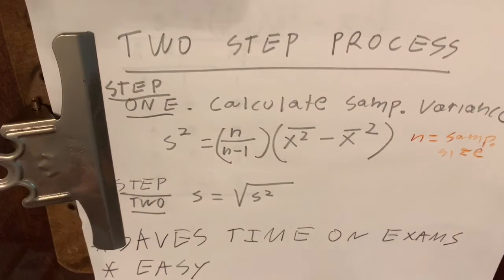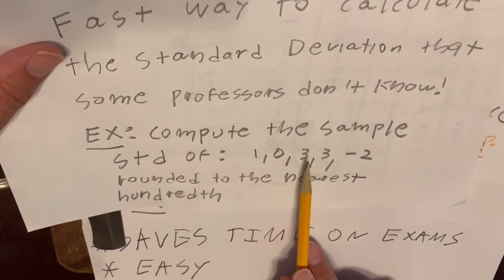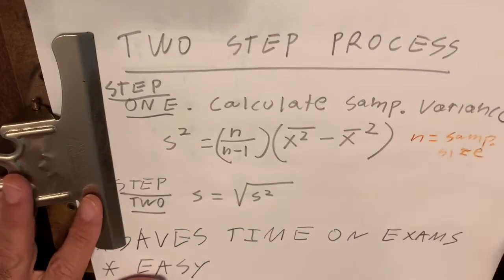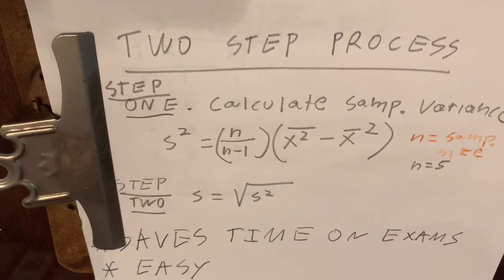And the sample size is simply the number of numbers. That's all it is. So we have 1, 2, 3, 4, 5. So this tells us that n equals 5 because we have 5 points of data, 5 numbers.